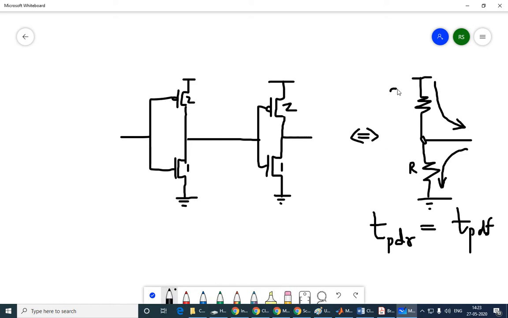We know that unit PMOS is still 2R, but since the W by L is now 2, the resistance of this transistor is 2R divided by 2, which is equal to R, and this is my favorable case which guarantees that rise time and fall time are going to be the same.